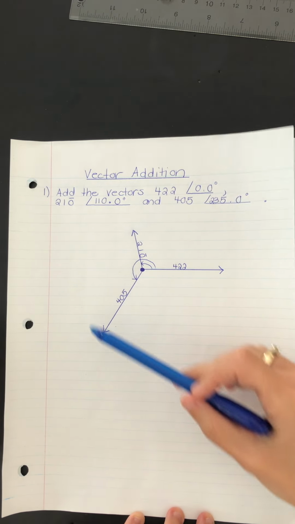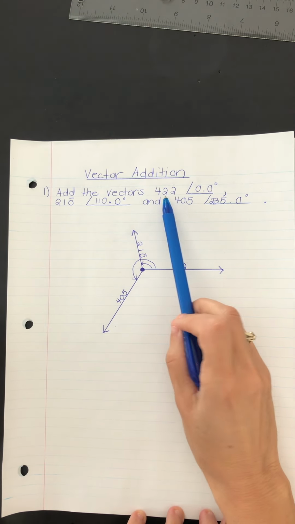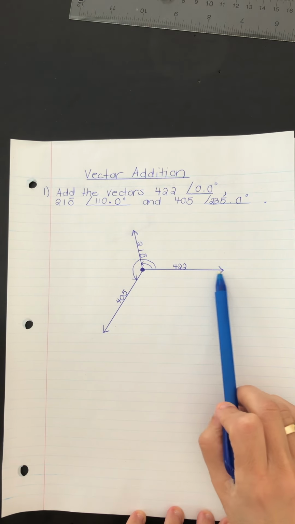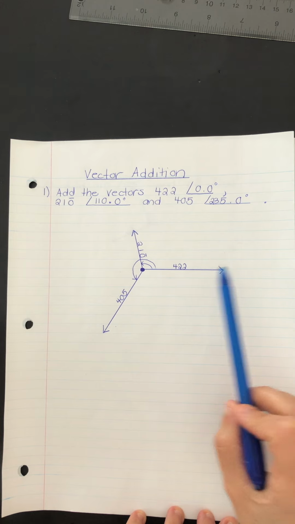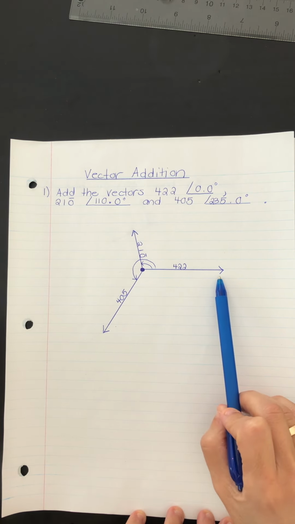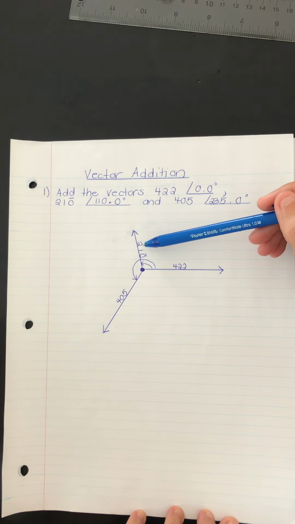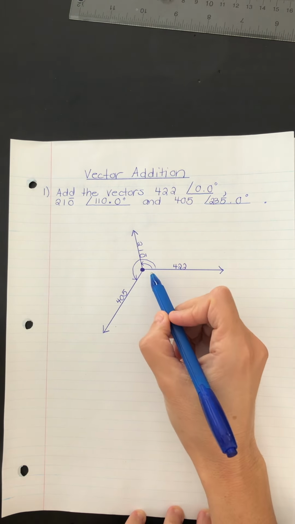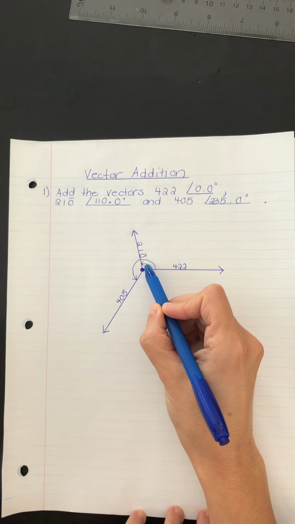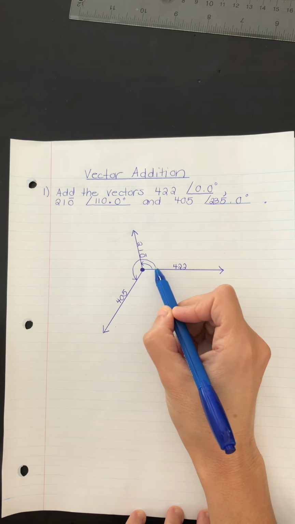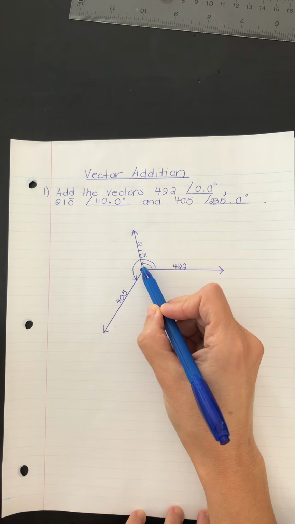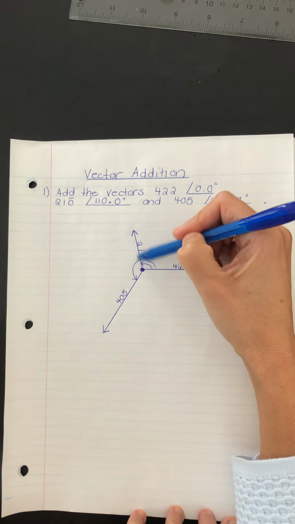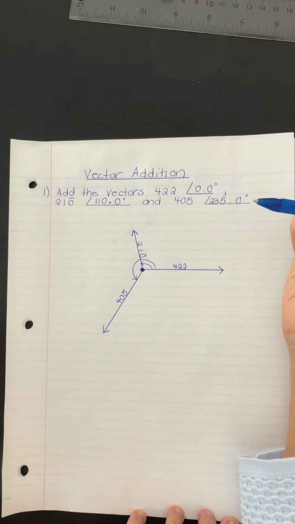So I've tried to draw this for you here. So 422 at 0 degrees would be this line pointing to the right. This much shorter line of length 210 is at 110 degrees. So from the positive x direction, moving around 110 degrees counterclockwise and drawing that line.